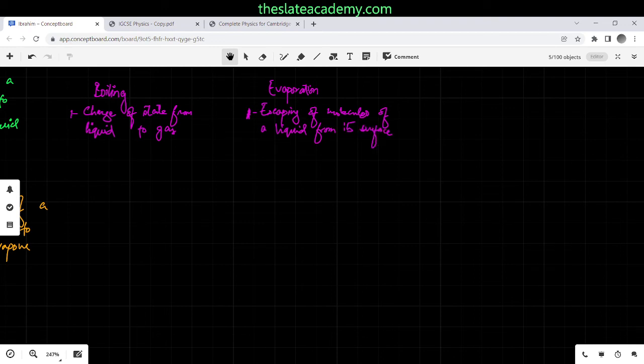Right? The second thing you mentioned, boiling happens at a specific temperature, whereas evaporation happens at all temperatures.